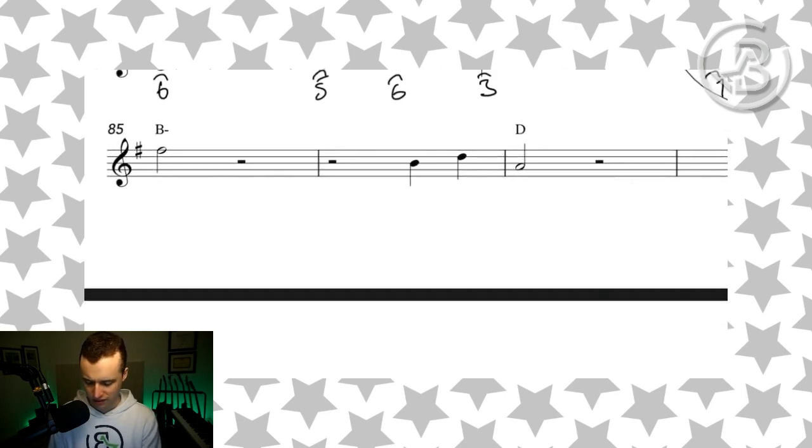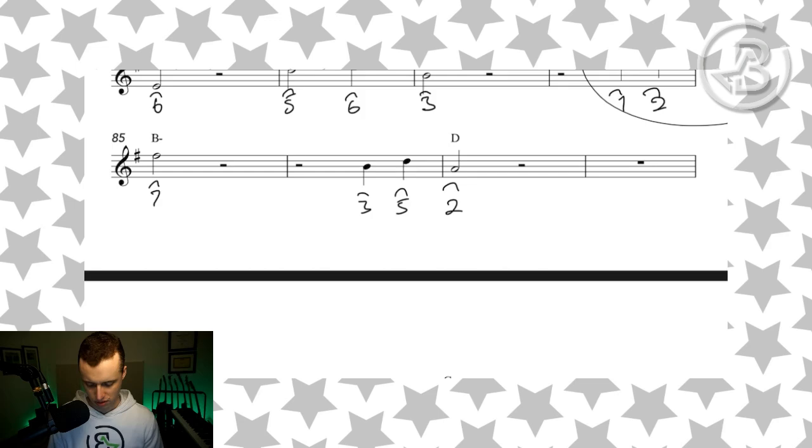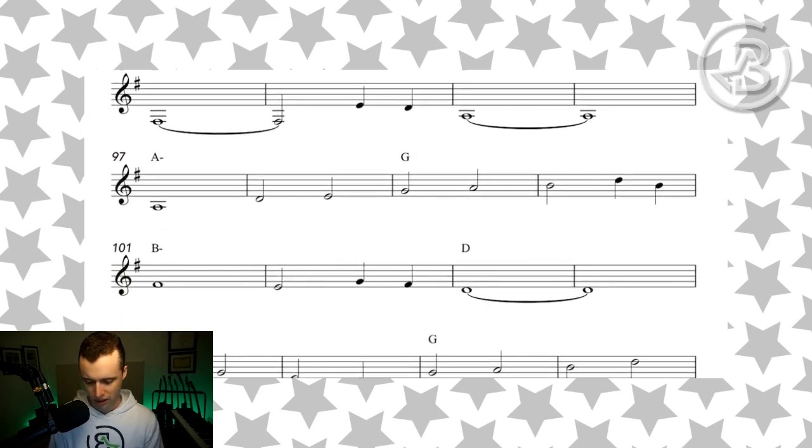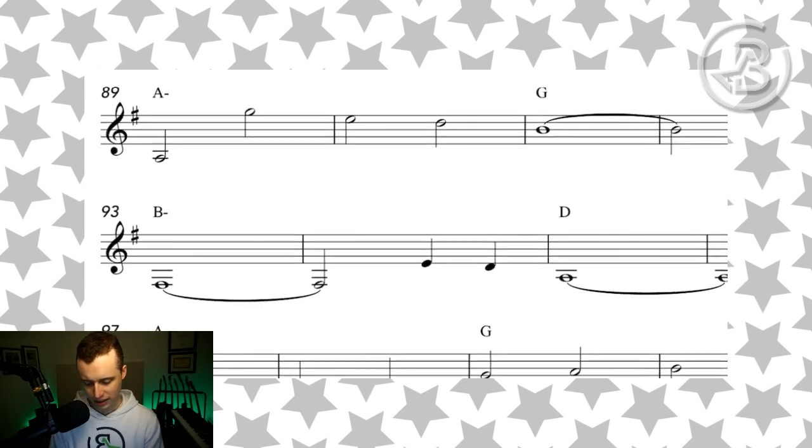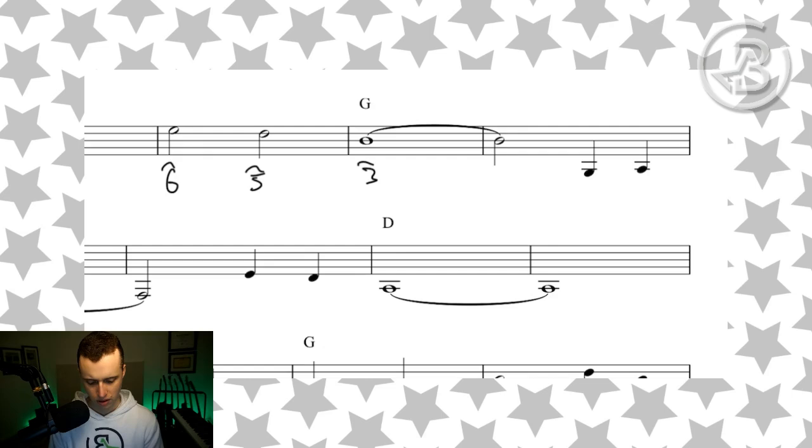All right. Measure 85. We have scale degree 7, scale degree 3, degree 5, scale degree 2. And now we're on to page 4. Starting in measure 89. 2, 1, 6, 5, 3.